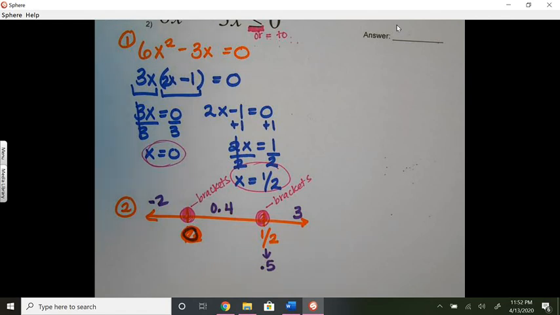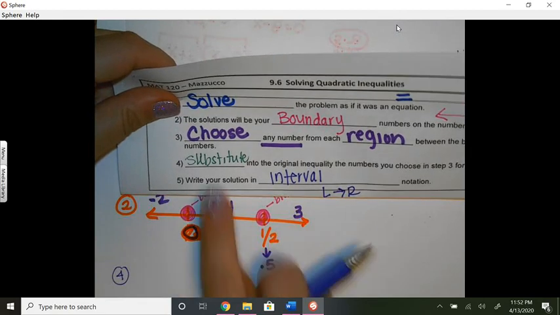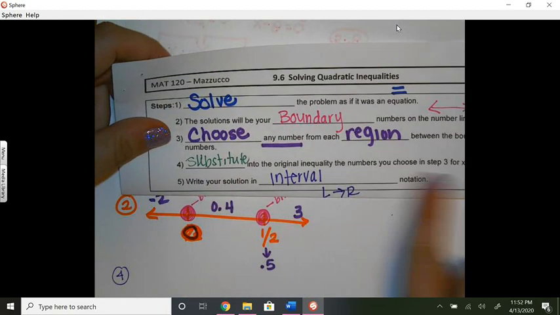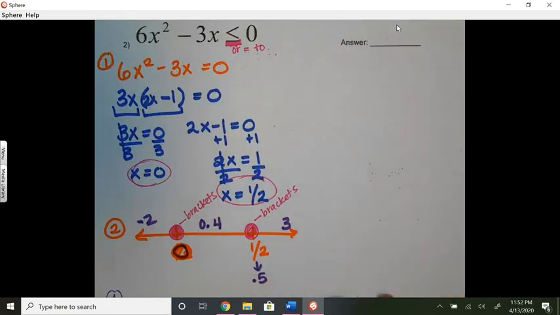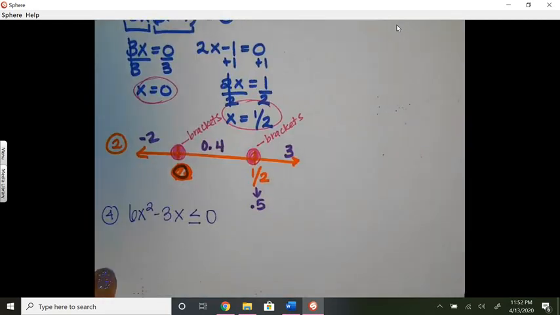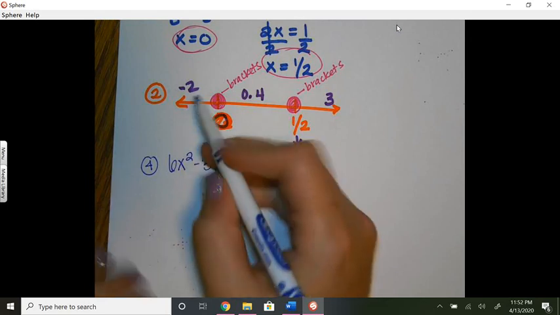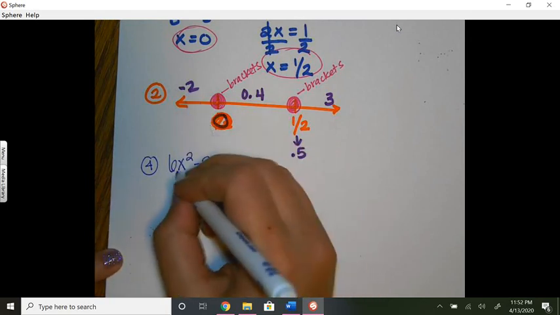Now, step 4. Substitute those numbers into the original problem. So the original problem is 6x squared minus 3x is less than or equal to 0. And we are going to plug in those numbers we just picked. So I'm going to go ahead and start with -2.